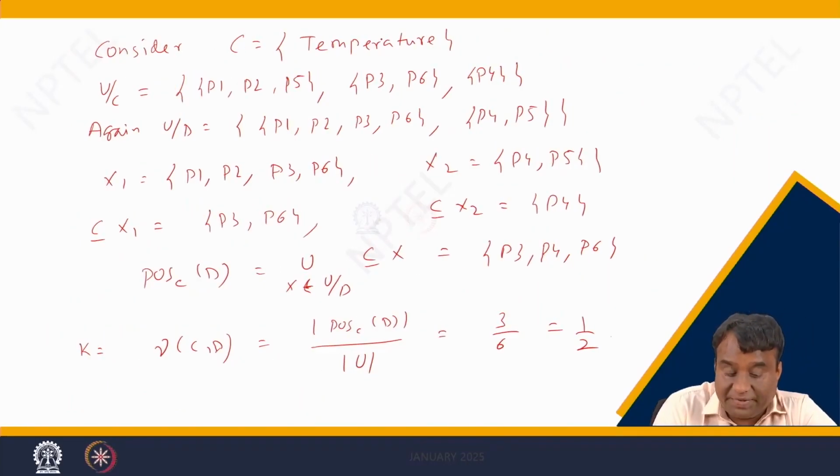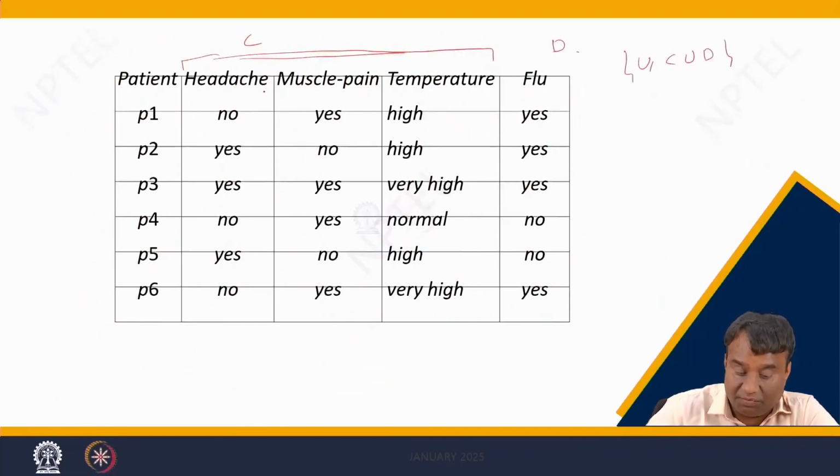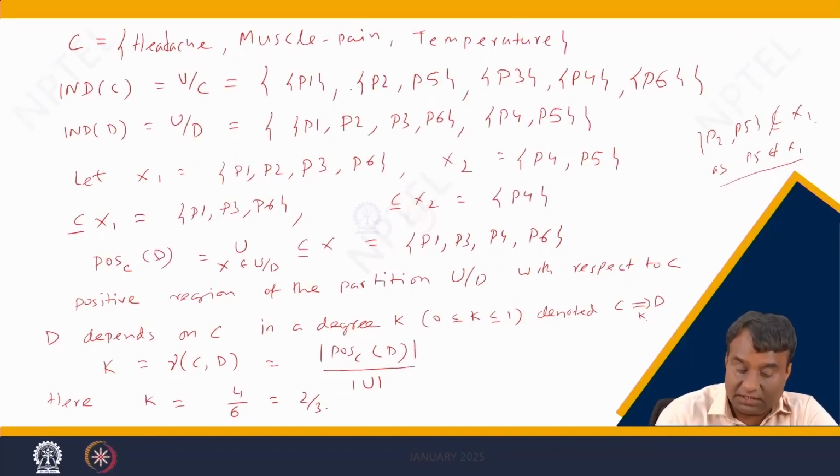the C attribute as temperature. For temperature, P1, P2, P5 are high, P3 and P6 are very high, and P4 is normal. So that is U/C. Again, U/D: flu yes is P1, P2, P3, P6, and flu no is P4, P5. So X1 is P1, P2, P3, P6 and X2 is P4, P5.